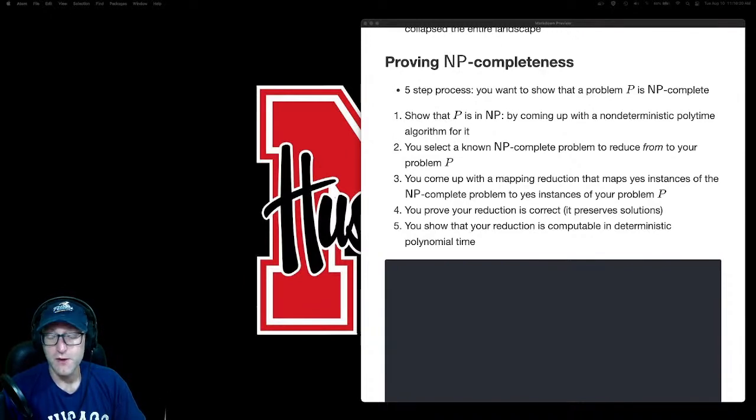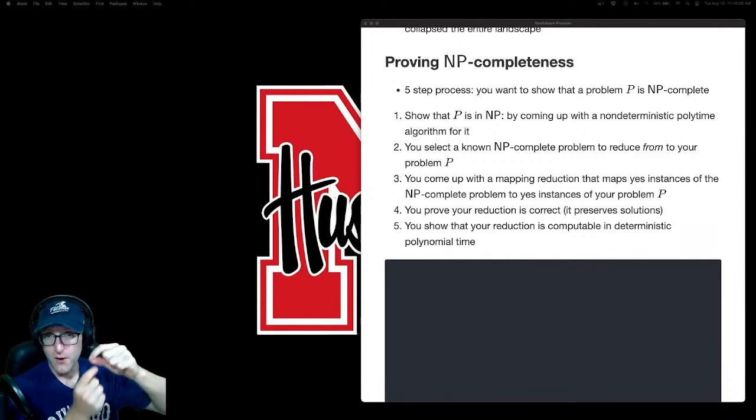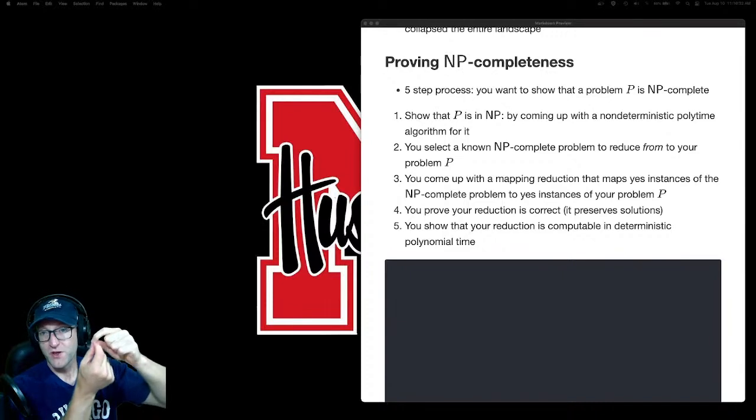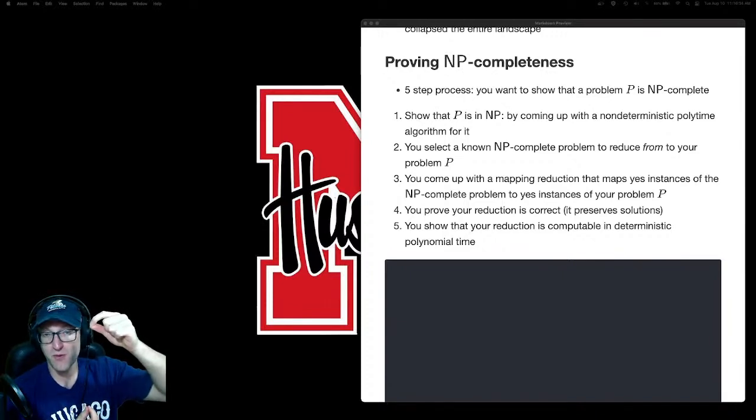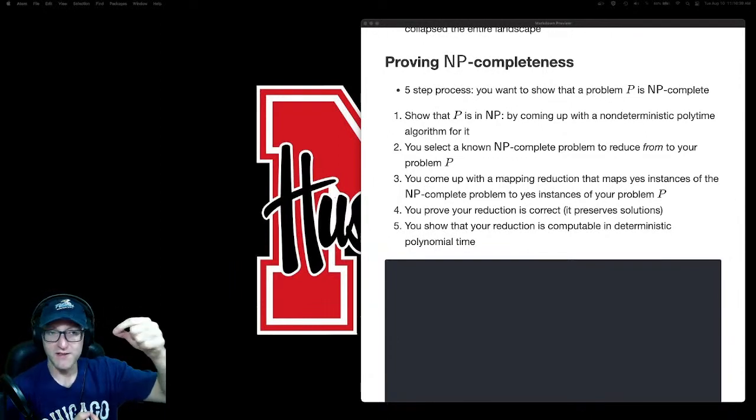Two, you select a known NP-complete problem to reduce from to your problem. Remember, we're not reducing down. Reductions generally go up. If you reduce down and show that an NP-complete problem reduces down to a polynomial time problem, then you've basically shown a polynomial time algorithm. Take SAT, reduce it to minimum spanning tree. That's insane, but suppose that you were able to do it, right?